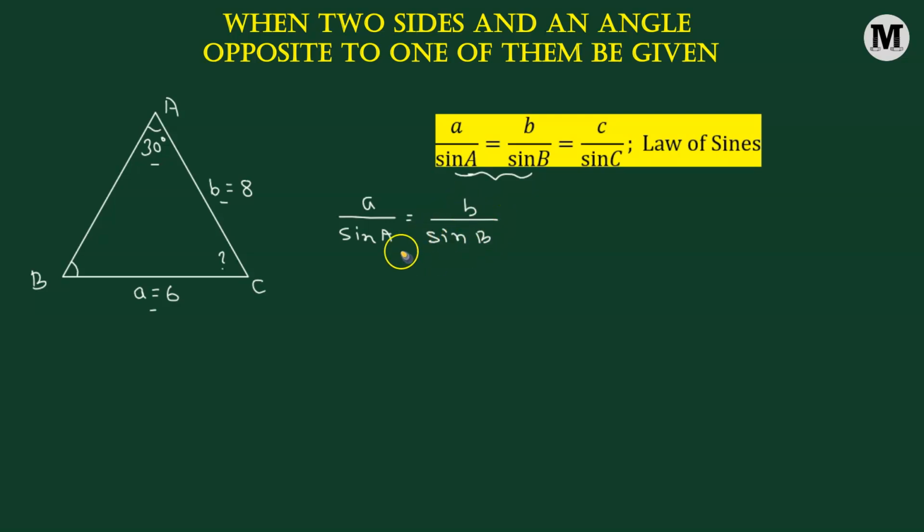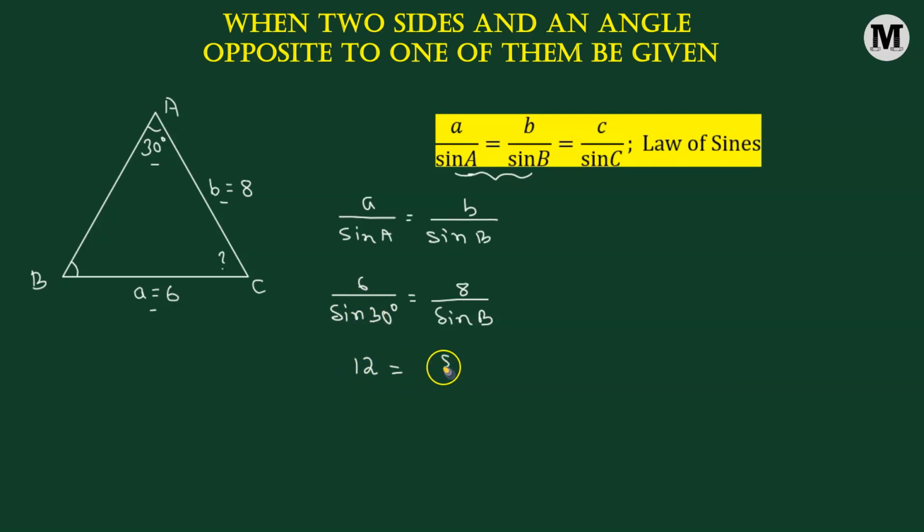Let's substitute the values here. a is 6 units, so we have 6 divided by sine of 30 degrees equals b, which is 8 units, so 8 divided by sine of angle B. Sine 30 degrees is 1/2, so 1/2 going to the numerator makes it 12.